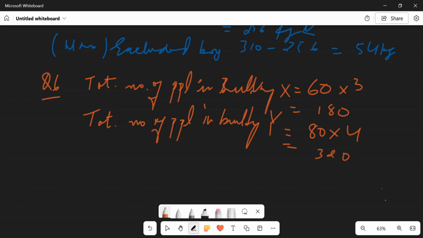Now what we need to do is find the mean number of people living in each unit. So in each unit, we need to find the mean number of people.